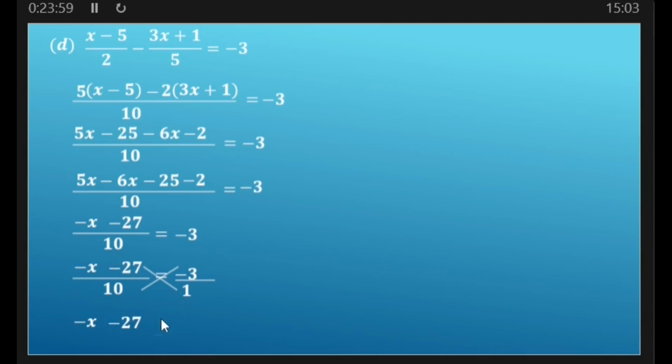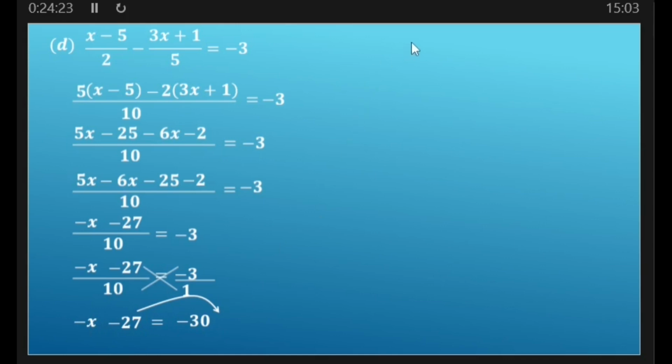Equals 10 times -3, which is -30. We have run out of space, so we'll shift. -27 and -30 are like terms, so for us to remain with x, the -27 must shift.